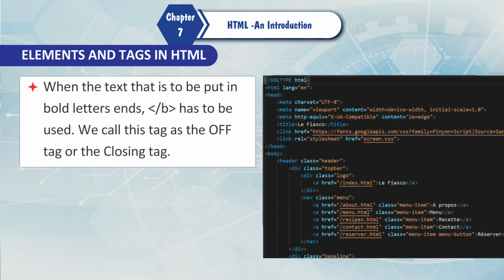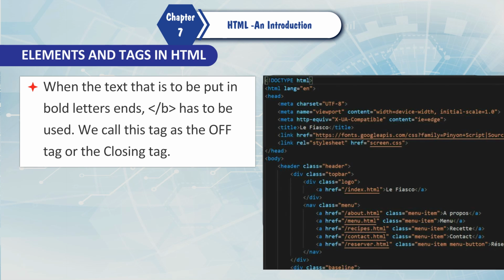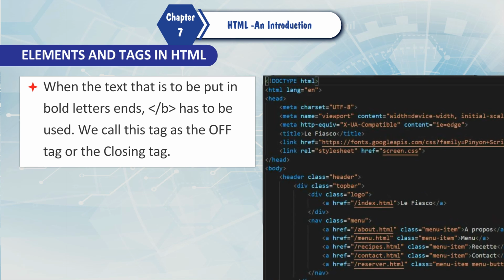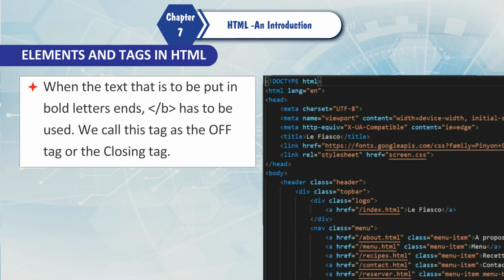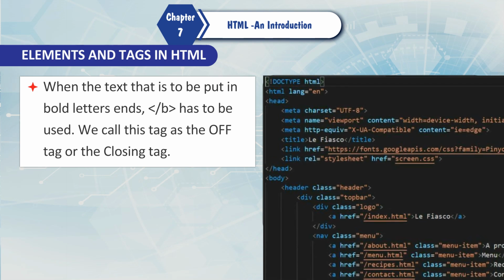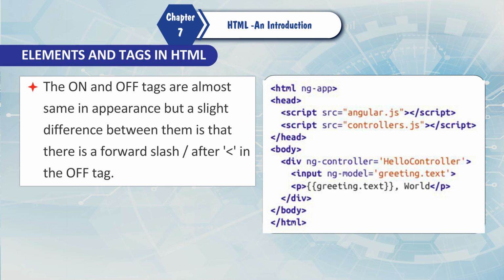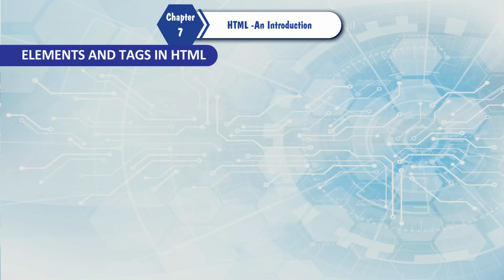When the text that is to be put in bold letters ends, </b> has to be used. We call this tag the off tag or the closing tag. The on and off tags are almost the same in appearance, but a slight difference between them is that there is a / after the less than sign in the off tag.